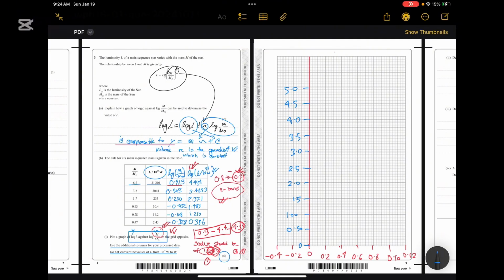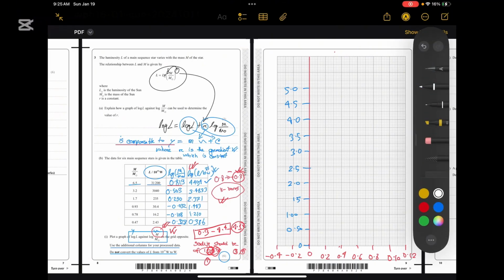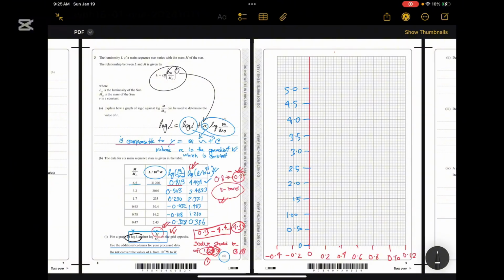We have a bigger value of 4.5, so we have crossed all the boxes. We can also take it a little bigger. Now let's map them. We know log L is our y-axis, so we have to write here the whole log L 10 to the power 35 watt. And now this is our x-axis. We have to write it right here, log M divided by M naught. So we're done with writing that as well.